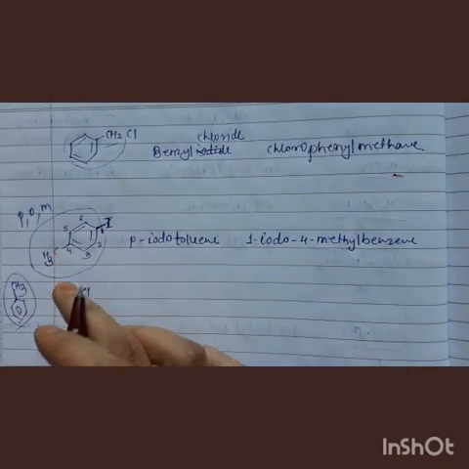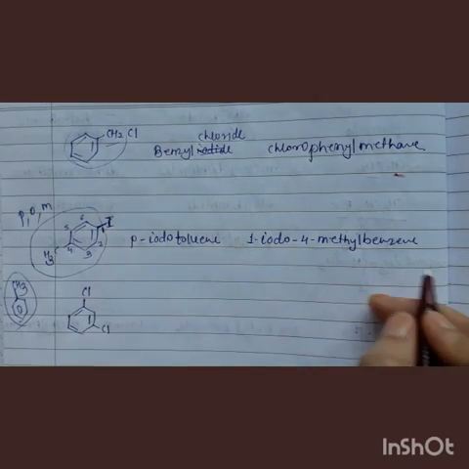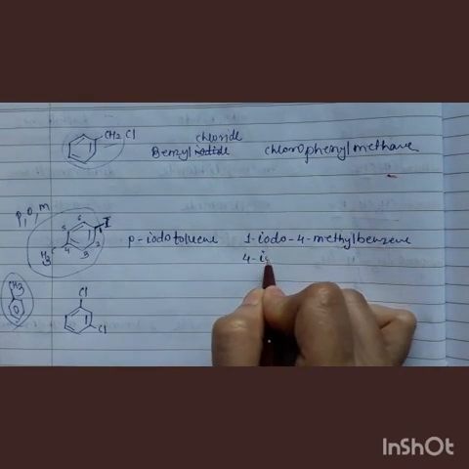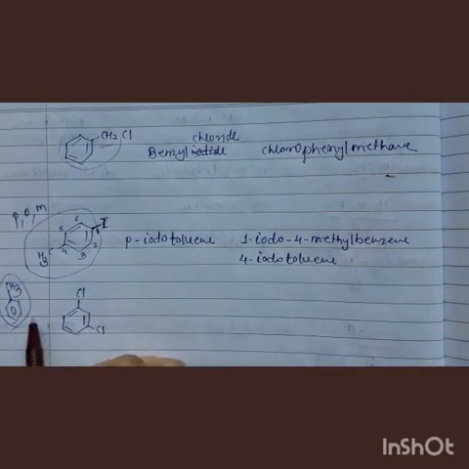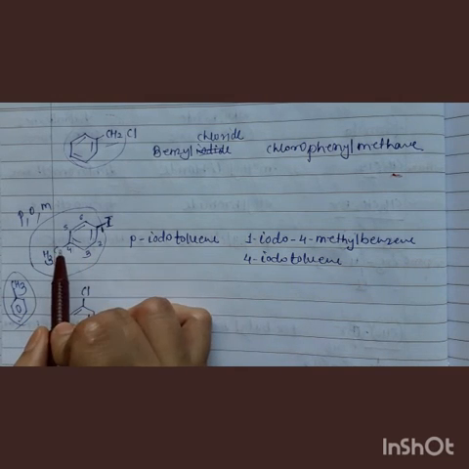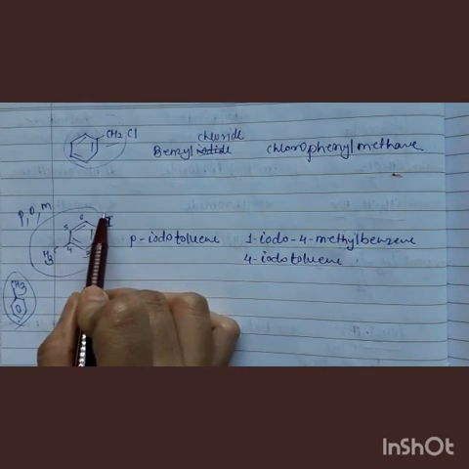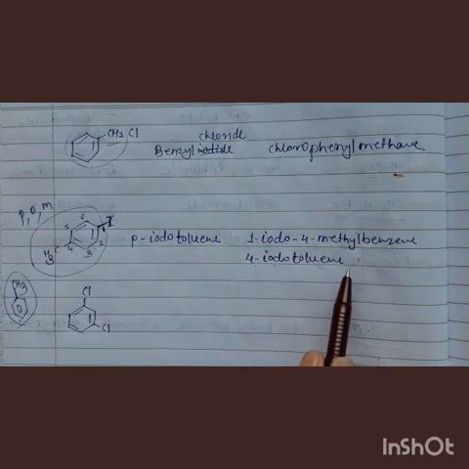Understand? So the name of this compound can be written in this way also. That time we will start numbering on this side. So your iodine will come at 4th position. So 4 iodotoluene. When we consider this compound as toluene, that time we will do numbering from this carbon atom. So your iodine will get 4th position, and that's why it is 4 iodotoluene.